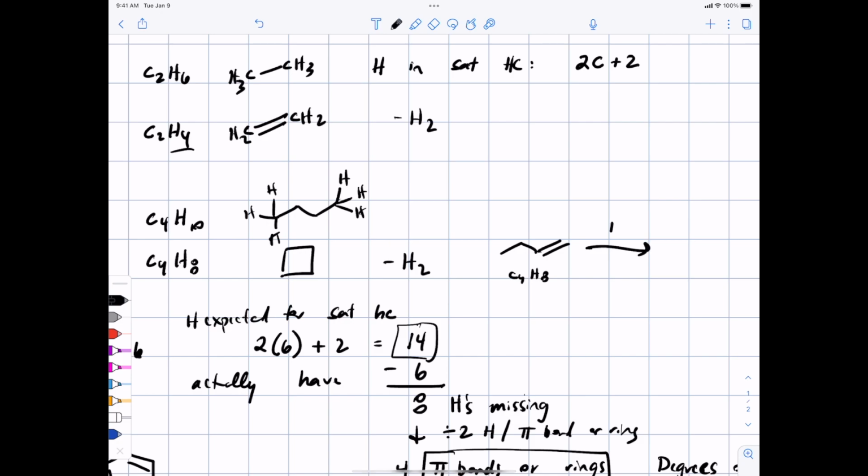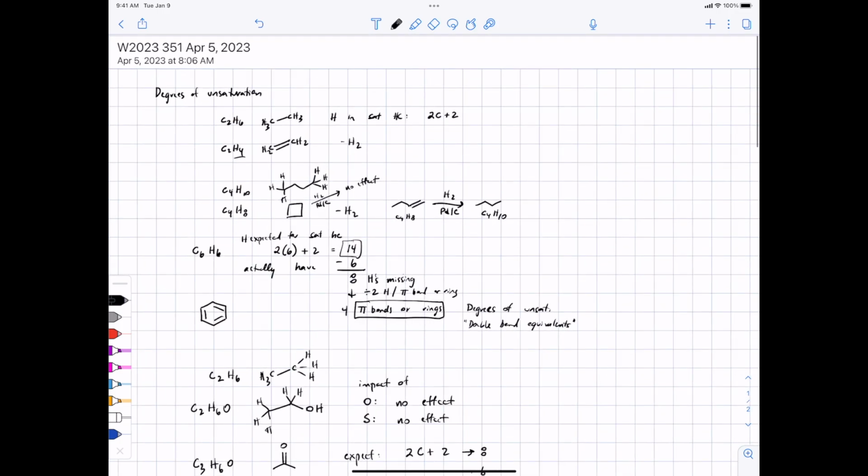If you do catalytic hydrogenation, you can convert the alkene into C4H10, but catalytic hydrogenation on the ring compound would have no effect. And so that's one way to tell. If you watch how the molecular formula changes after that reaction, you can tell. Okay, others?